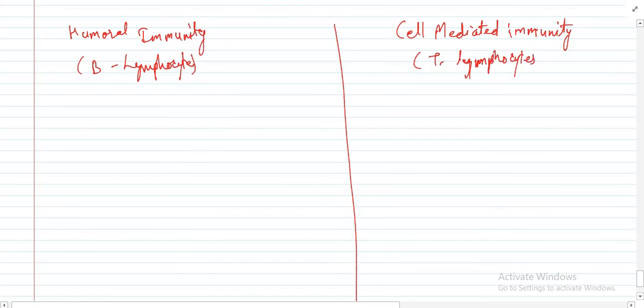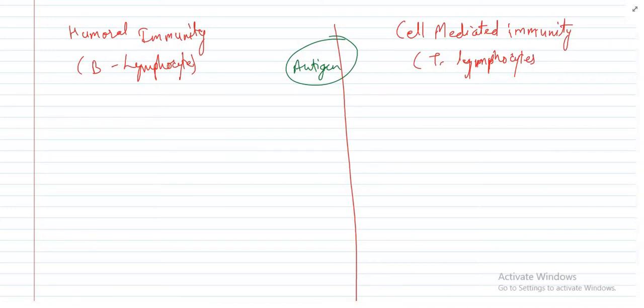So there are two types: cell-mediated immunity as well as humoral immunity. Suppose there is an antigen. Either humoral immunity or cell-mediated immunity will start working.